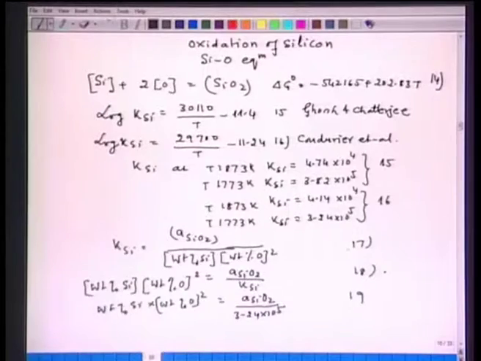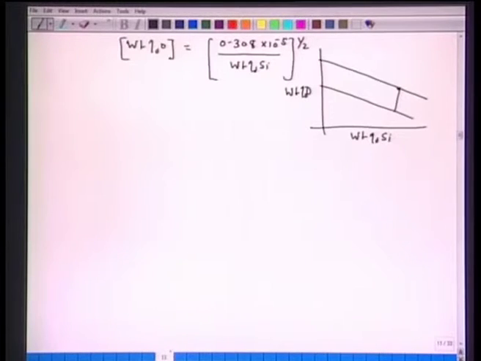Also, if we see equation number 17, we see that if we decrease the activity of SiO2, then the silicon reaction is favored. So, what we can conclude is that in steel refining, silicon oxidation is very fast and silicon is oxidized before any other impurities, because the heat of formation of SiO2 is very large, that means a highly exothermic reaction.